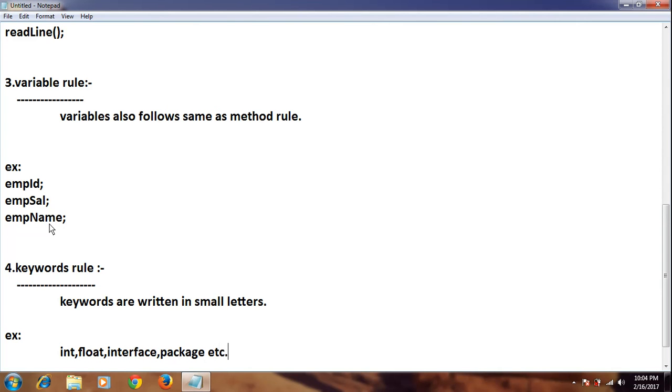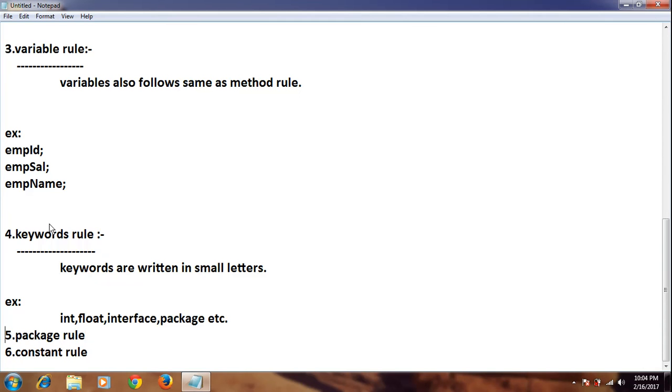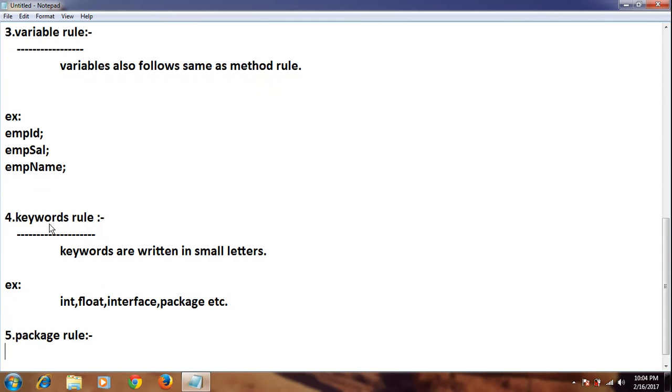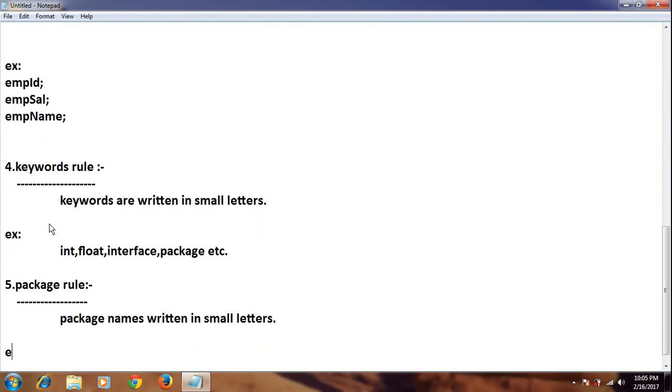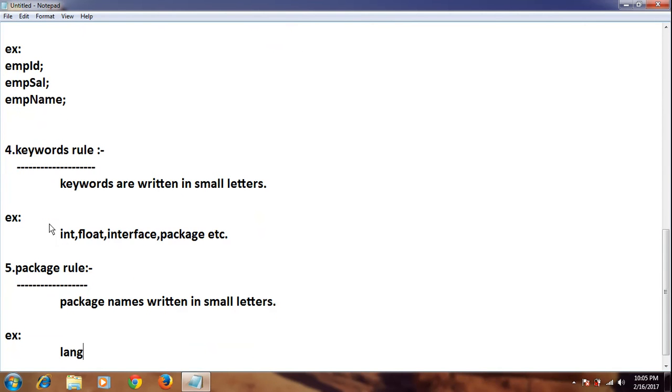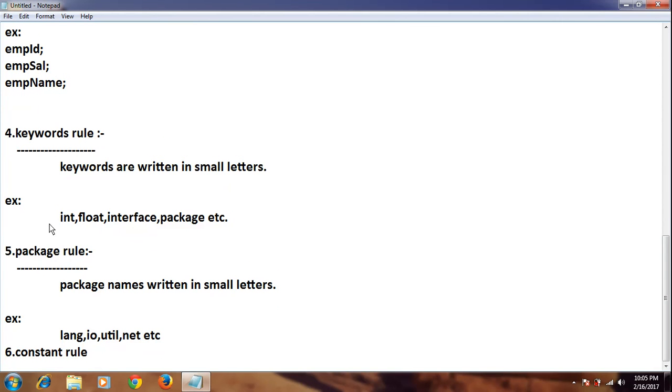There are so many, and they must be in small letters. And for the package rule, all the package names are also written in small letters. Examples for some packages: lang, the default package, io, util, net. There are so many packages, all must be written in small letters.